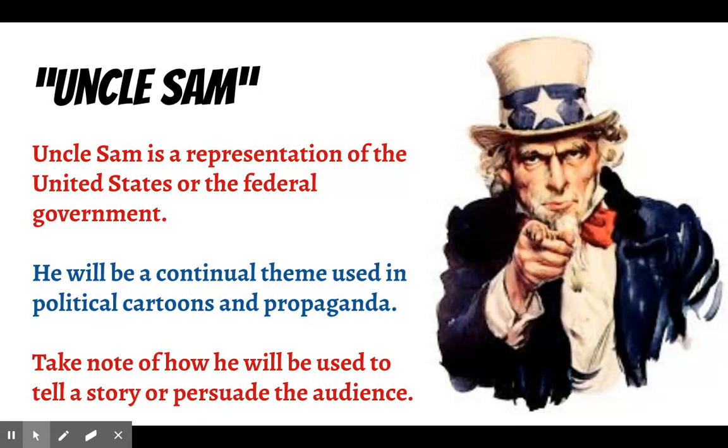So you're going to see Uncle Sam a lot in these images. Look for the hat, look for the face and the beard, look for the suit, the stars and the stripes, the red, white, and blue colors if they have color. But Uncle Sam definitely is going to be drawn a lot. He's a continual theme used in political cartoons, in propaganda.